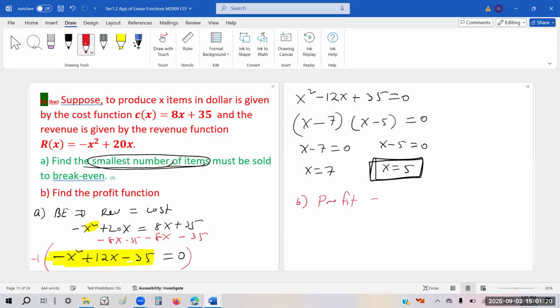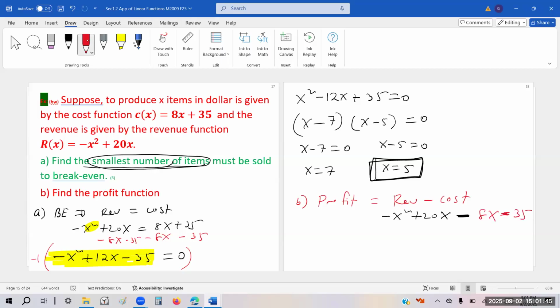Profit is revenue minus cost. So to start like this, profit is what? Revenue minus cost. So revenue is negative x squared plus 20x, and you're subtracting 8x and 35.